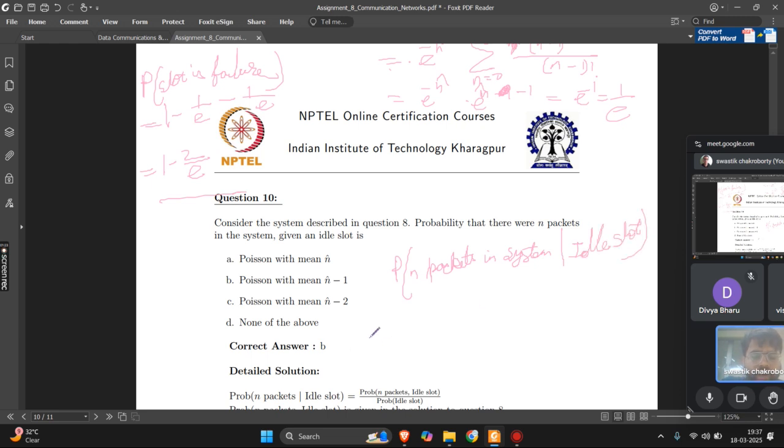How do you break down a conditional probability? You divide the intersection, n packets and idle slot, by the base probability, the probability of the idle slot.